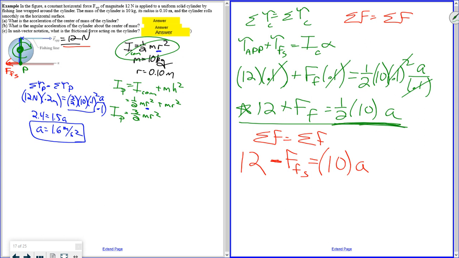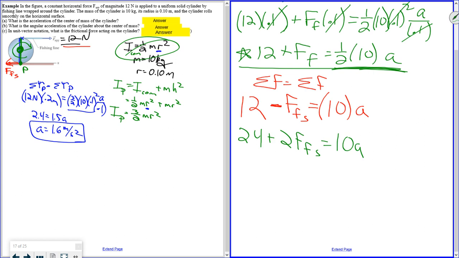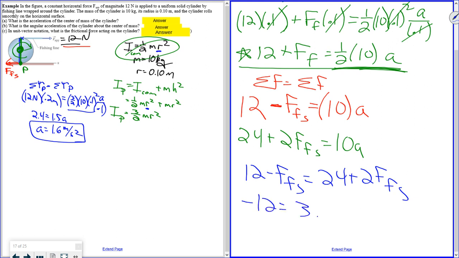So my other equation now is 24 plus 2FFS equals 10A, and now I can set these equal to each other. So 12 minus FFS equals 24 plus 2FFS. Add the FFS, subtract the 24, you get negative 12 equals 3FFS, and my force of static friction comes out to be negative.